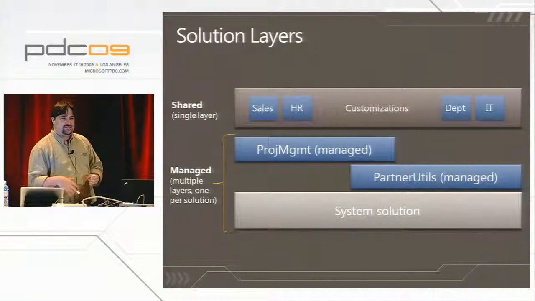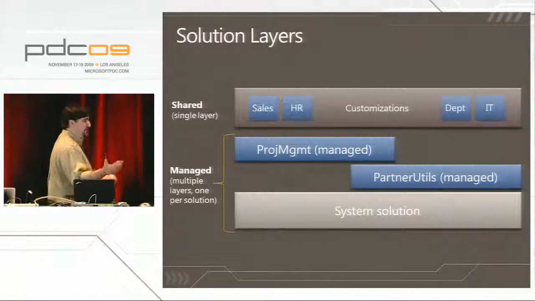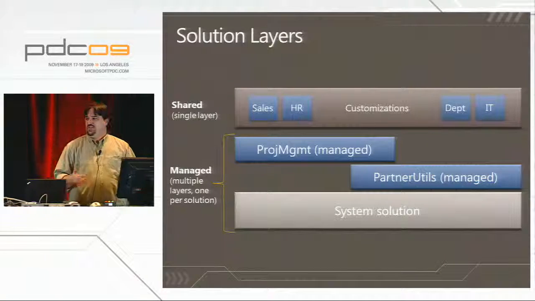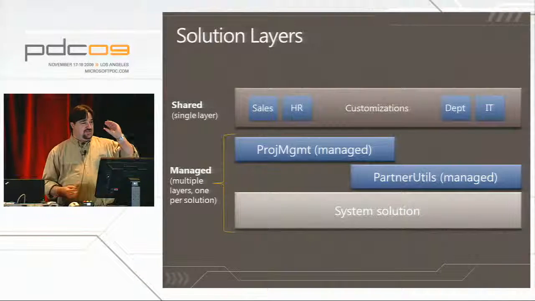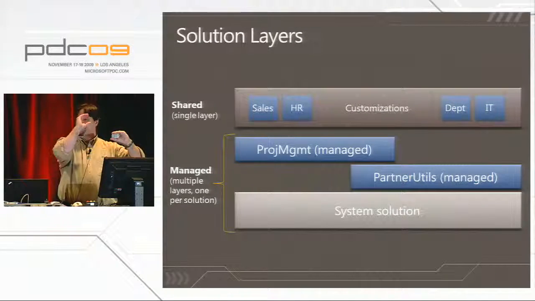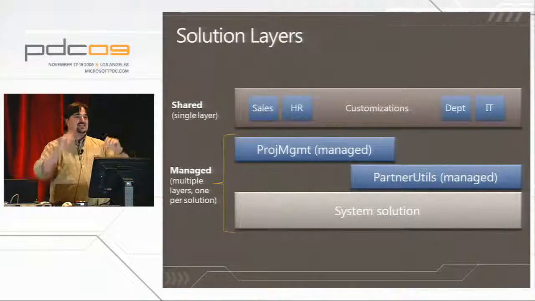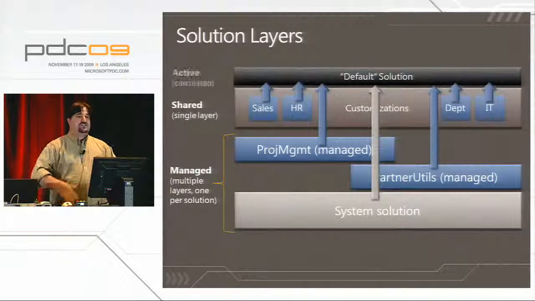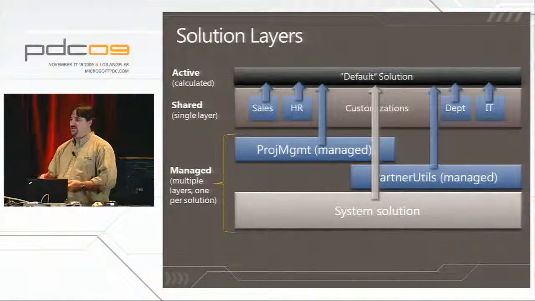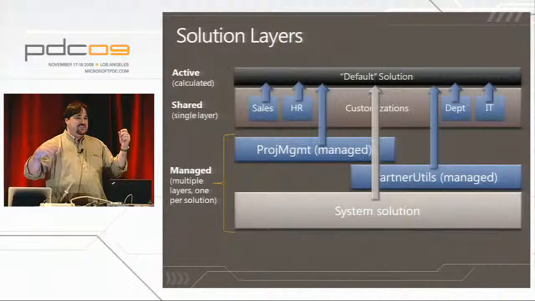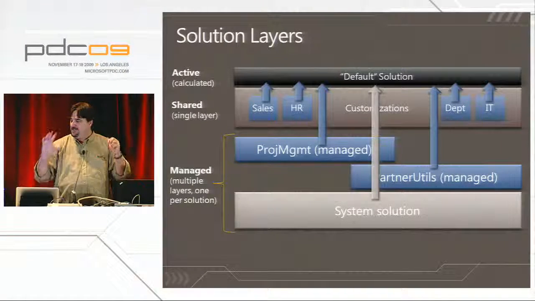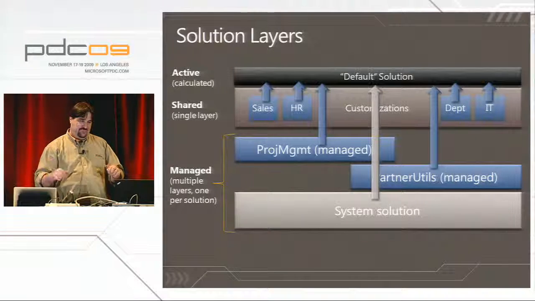So in some respects, depending on how you want to think about it, you can think about this as similar to what you might do with a code tree, where you might say version 2 of the code is this, version 3 of the code is this, and when I want to get the latest version of the code, I'm going to ask you to produce the latest version for me with the latest versions of all these different components, and that effectively is going to be a calculated action.